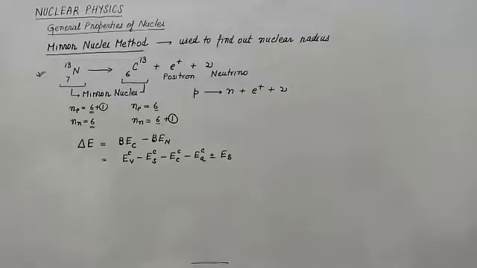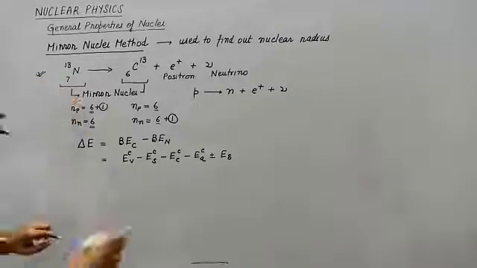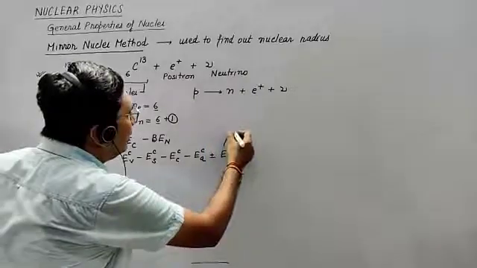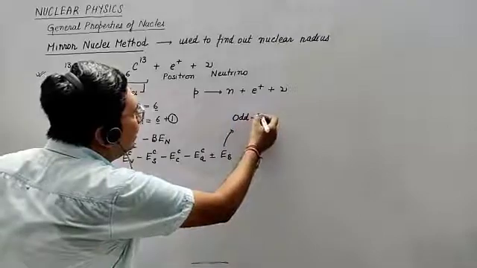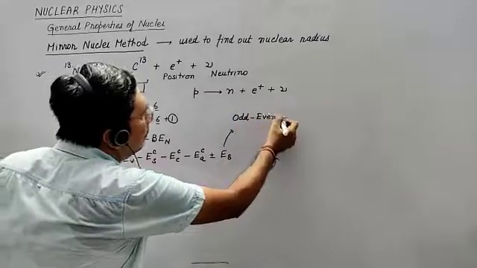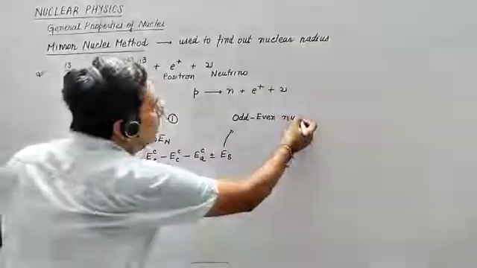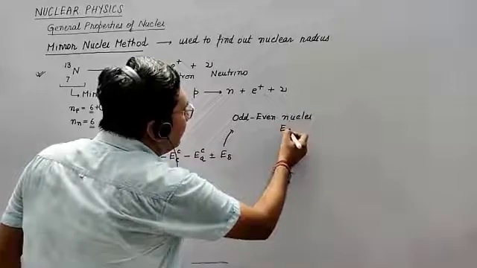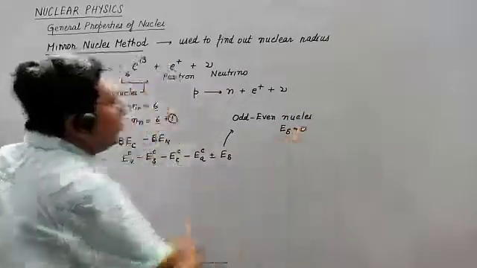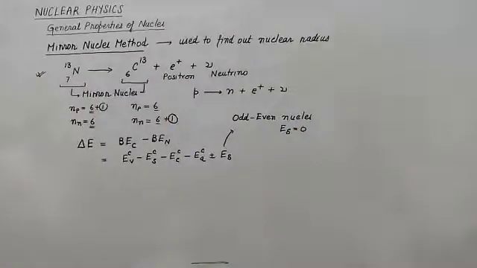And because this is an odd even nuclei, for odd even nuclei, this pairing energy E delta will be 0. What is the meaning of odd even nuclei?